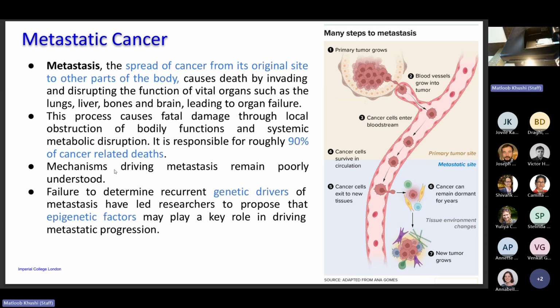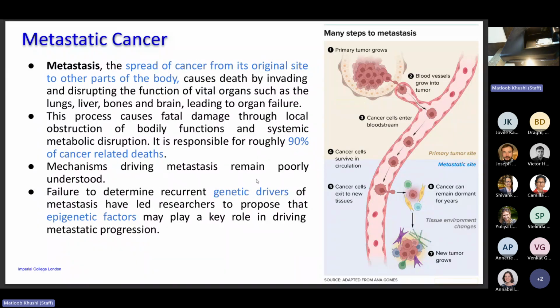The mechanisms that drive metastatic cancer remain poorly understood. People have been trying to use large-scale sequencing to figure out if mutations basically cause these metastatic tumors. There's no evidence so far that it's a mutation-driven process.